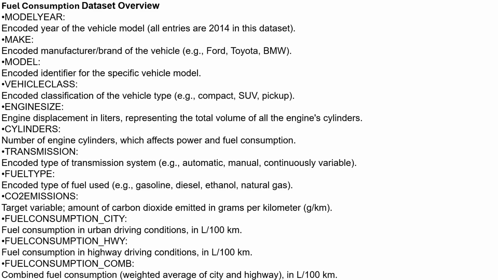Technical specifications such as engine size in liters, number of cylinders, and transmission types are included. Fuel characteristics are captured through columns like fuel type, city, and highway fuel consumption. The target variable, combined fuel consumption, provides a quantifiable environmental impact measure, making it a practical outcome for regression analysis.